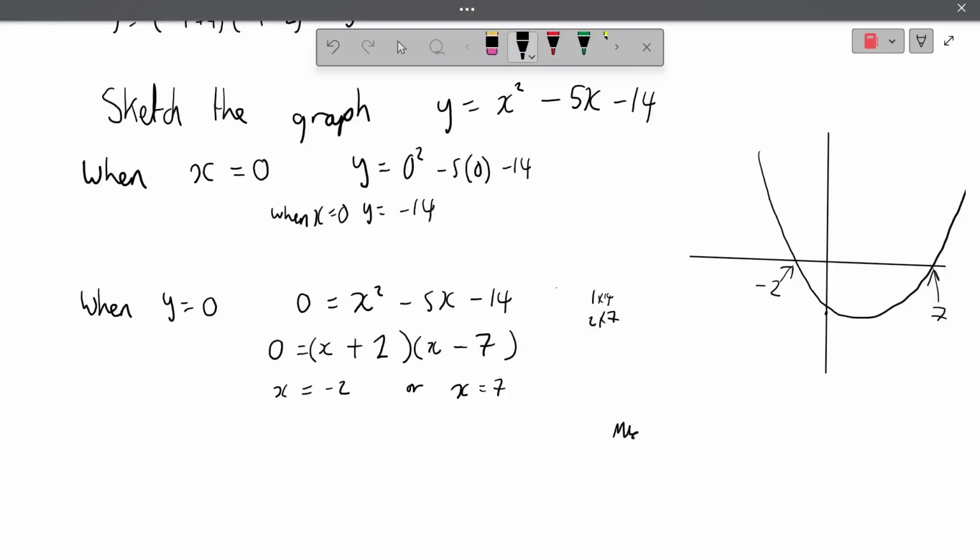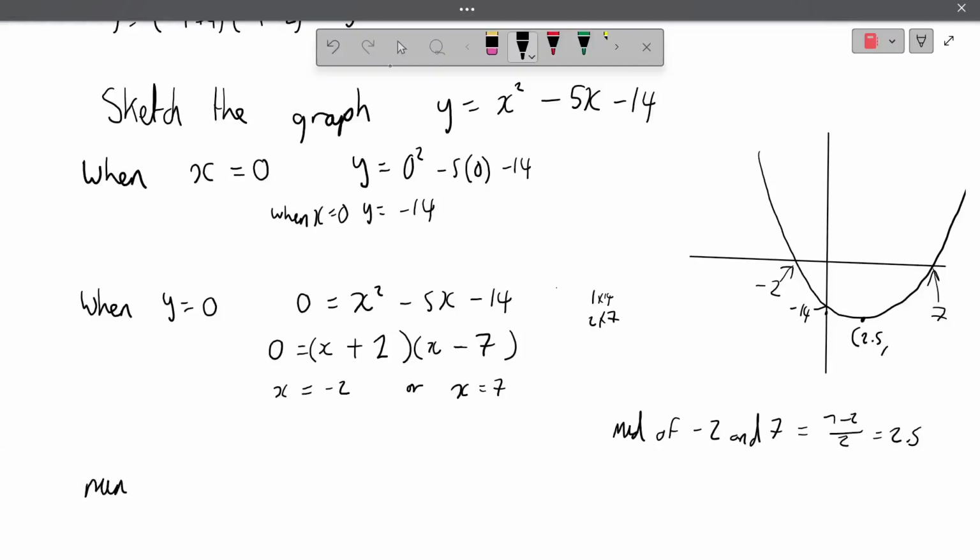So the midpoint of minus 2 and 7, that's 7 minus 2 over 2. 7 minus 2 is 5, divided by 2 is 2.5. So I now already know that's 2.5. This point here was at minus 14. So we now need to work out what the y value is for the minimum point.